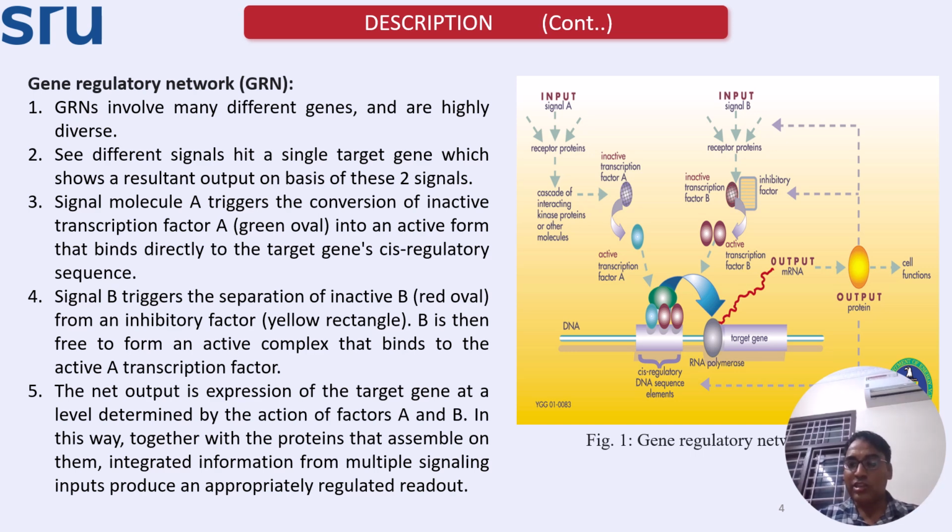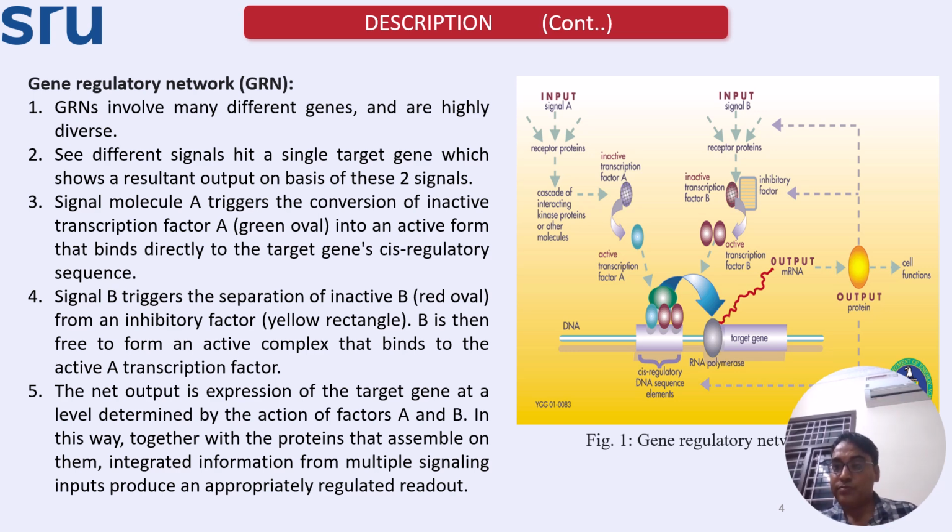So signal A, which is a primary messenger, will now be transferred into a secondary messenger. This leads to an inactive transcription factor A. This becomes an active transcription factor because of this. This input converts an inactive transcription factor A to active transcription factor A, one entity.